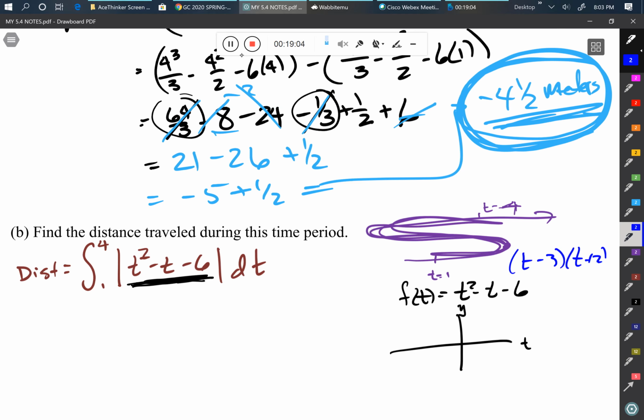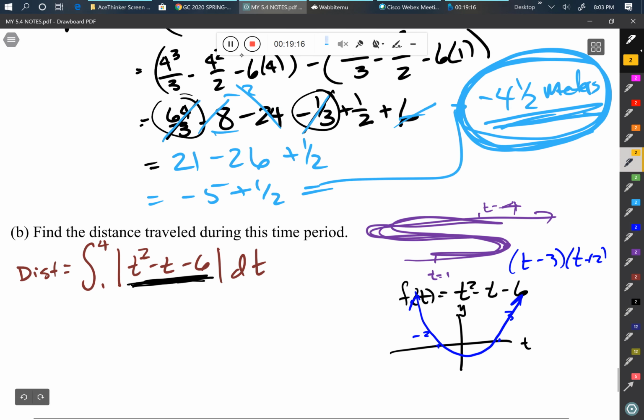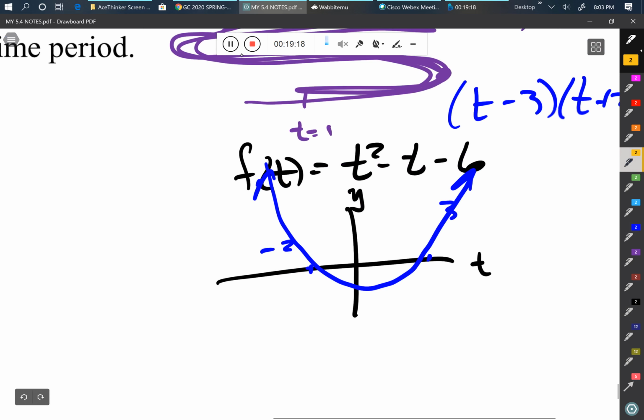So it's going to cross the t-axis at negative 2 and over here at positive 3. And so it's doing this. My job is to find the integral of the absolute value of this thing from 1 to 4. Right? Well, the absolute value of f of t, if I actually graph the absolute value, would look like this.